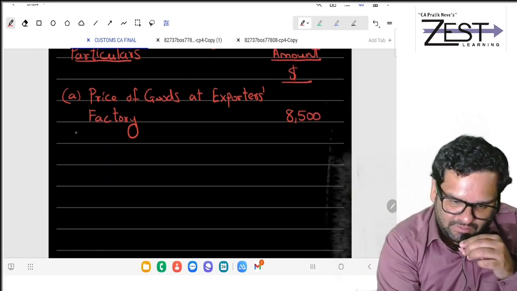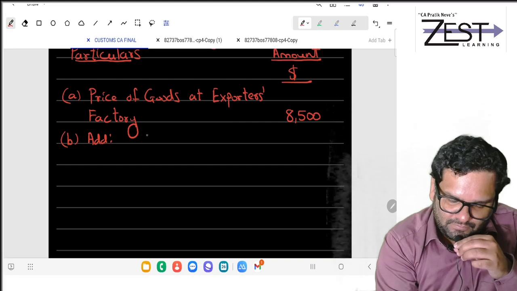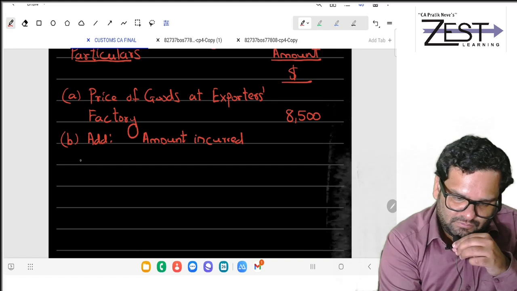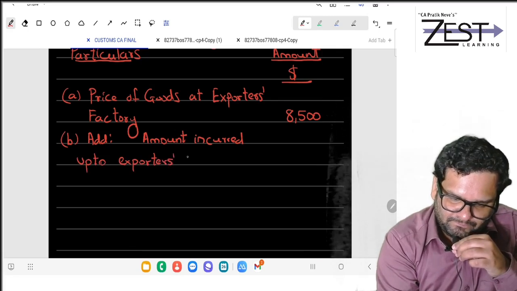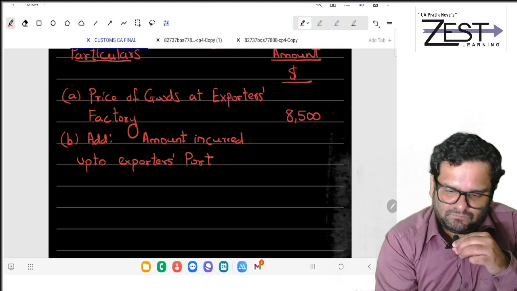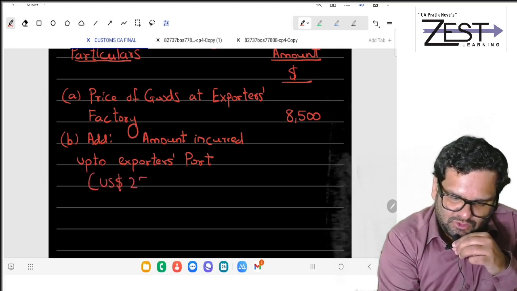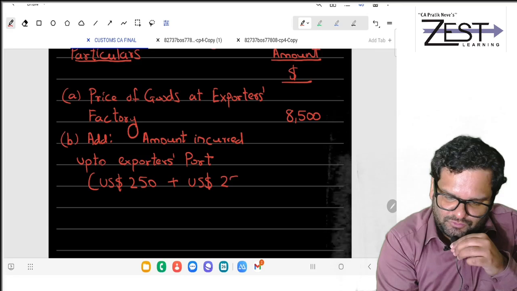Then B point, add amount incurred up to exporter's port. So it is US dollars 250 plus US dollars 250.